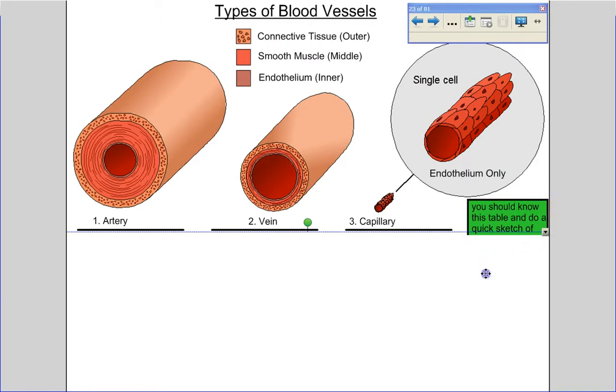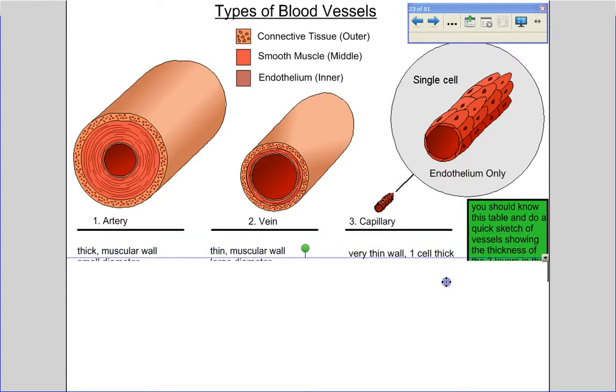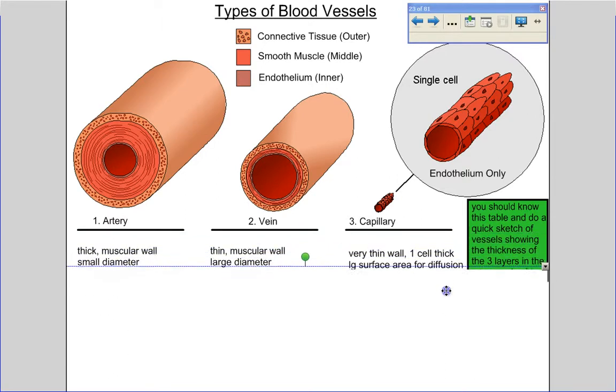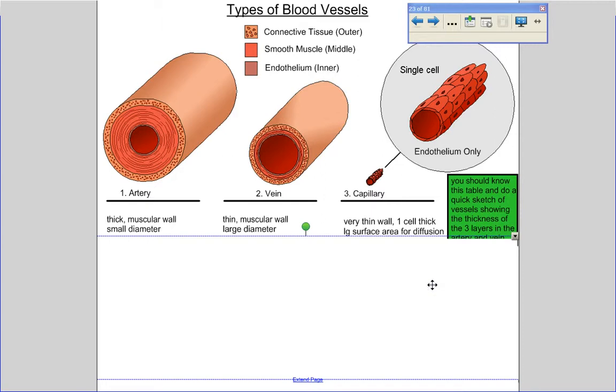Okay. So the first thing we're going to look at is their wall, which we just described. Okay, so in an artery, they have a thick muscular wall and a small diameter. A vein has a thin muscular wall and a bigger diameter, which is easier to see in this diagram. Okay, and the capillary is only 1 cell thick, which has a large surface area for diffusion of materials.